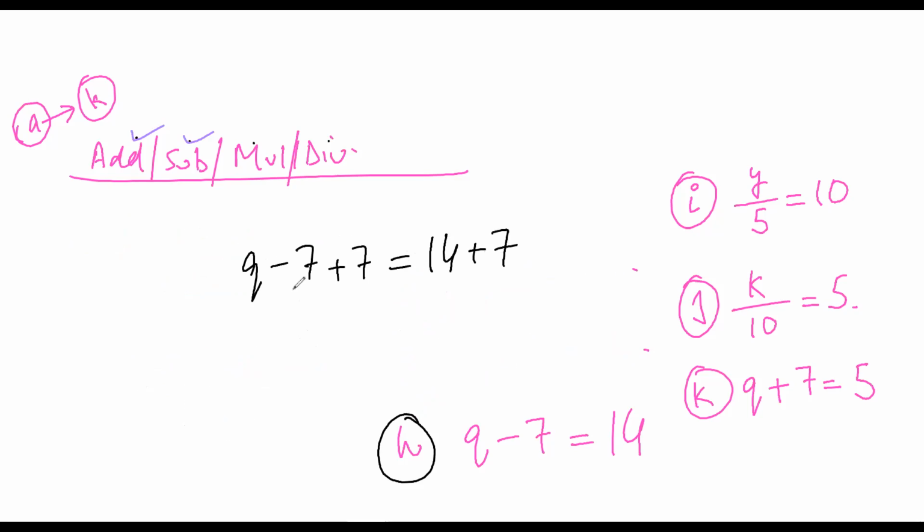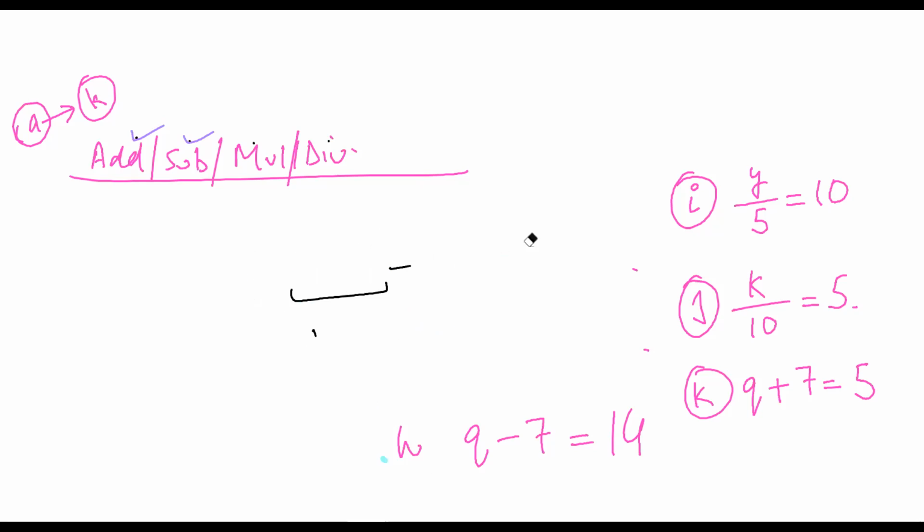See, if I add, only then they will cancel. Therefore, Q is equal to 21. Mr. Satya, is it okay? Yes. Mr. Sarthak, any doubt? No, sir. We'll do the complicated equations, but just to warm up, we are doing some basic equations.